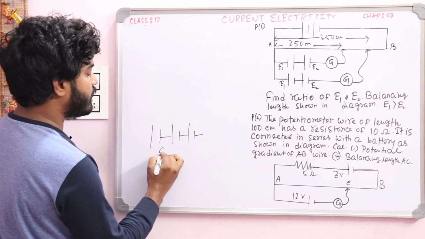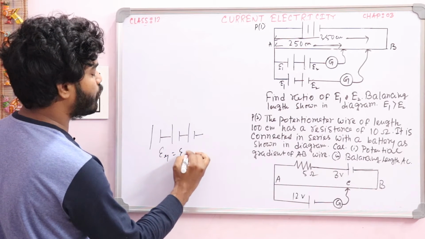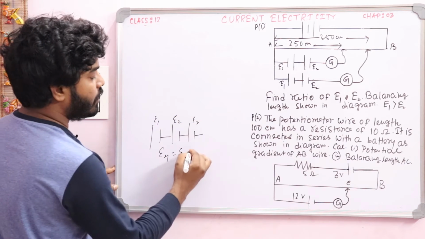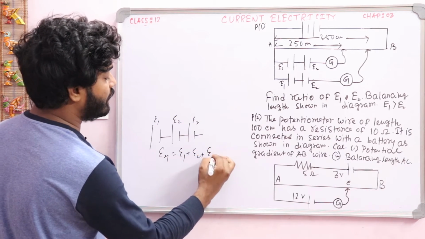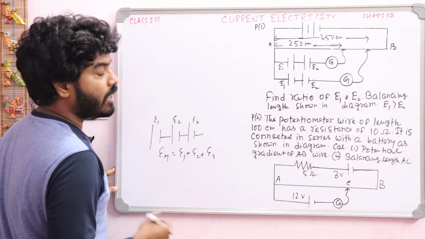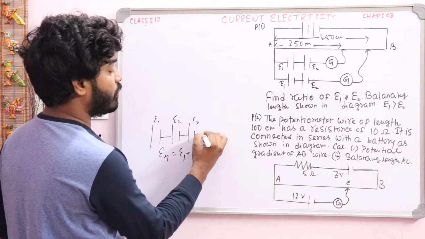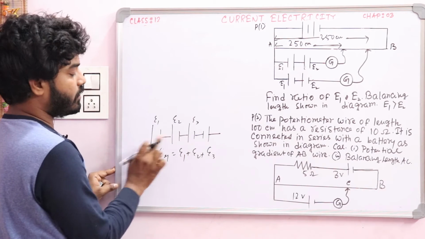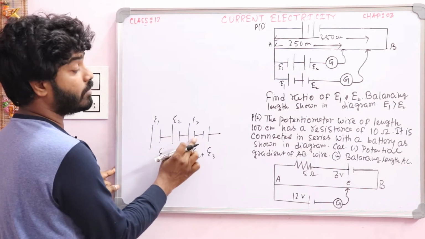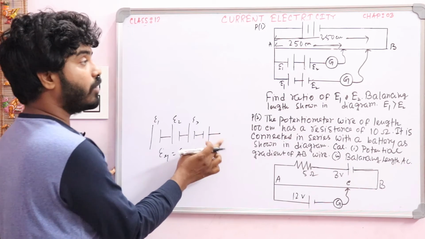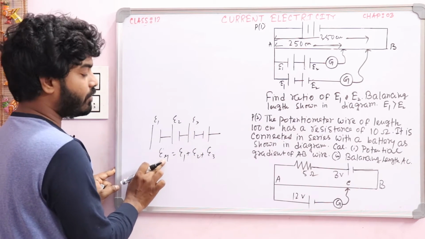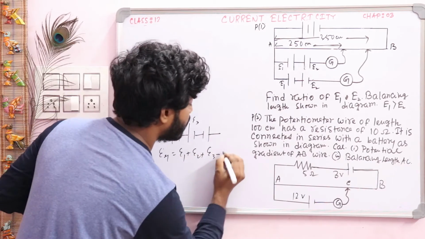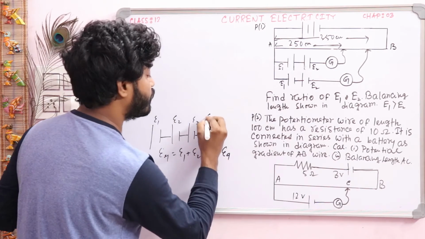then the equivalent EMF, suppose this is E1, this is E2, and this is E3, will be E1 plus E2 plus E3. But if there is a cell connected in the opposite manner with respect to these three cells, plus minus, now minus plus, then the equivalent EMF will be E1 plus E2 plus E3 minus E4.